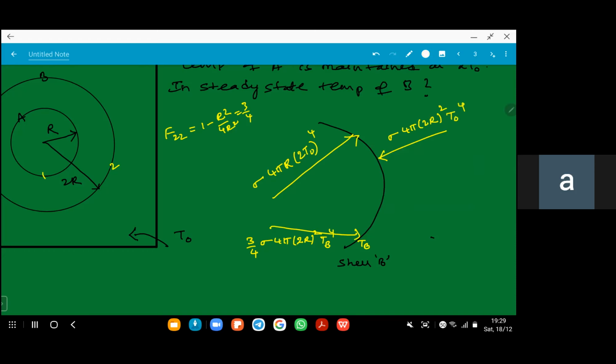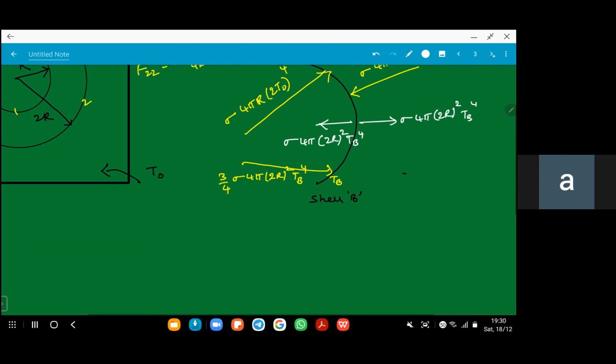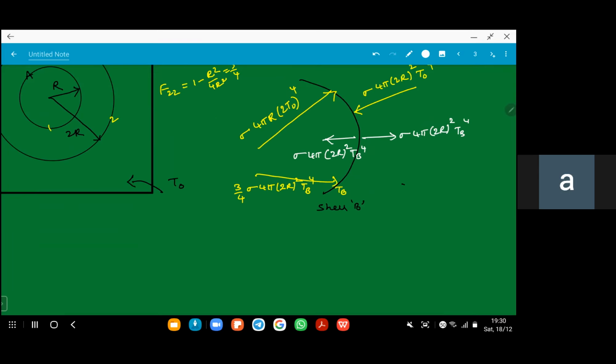Now what about the output? Now this radiates sigma 4 pi 2R square TB power 4. So with this, I'll conclude: 2 times sigma 4 pi 4R square TB power 4 is here.